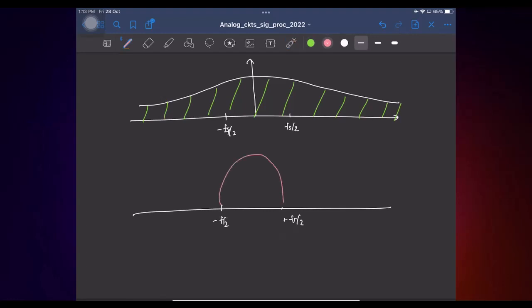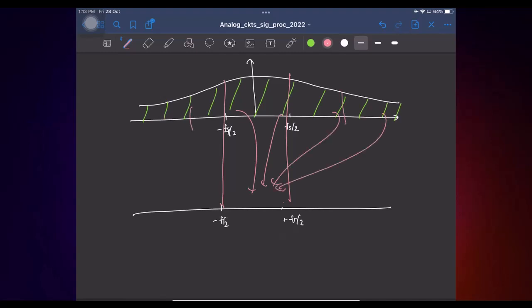To find the mean square noise of the samples, I have to take the area of this portion. When you sample in the time domain, it intuitively makes sense that you will have aliasing in the frequency domain. So this portion of the spectrum will come directly, and everything beyond that will also fall back here.